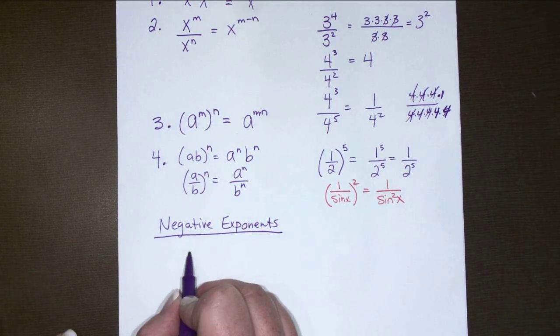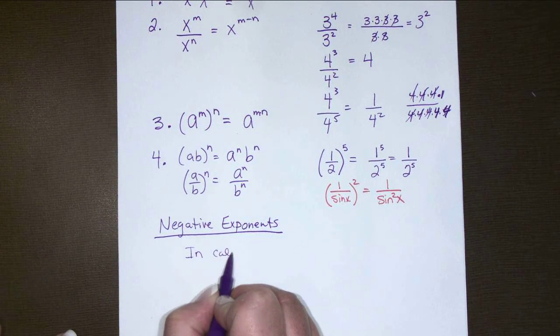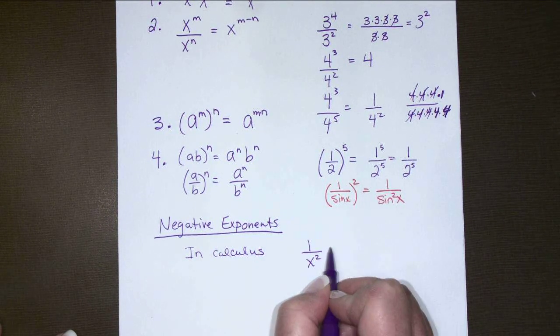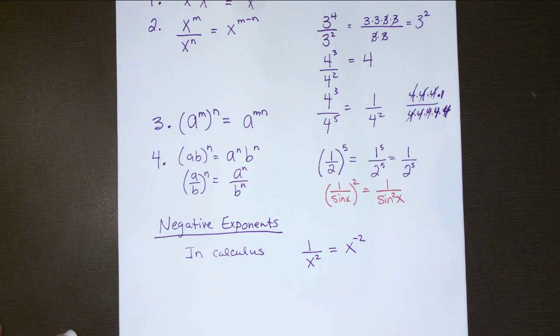So, for example, in calculus, if we had 1 over x squared, we would usually write that as x to the minus 2. We don't care whether the exponent's positive or negative, just that it's not in the bottom of a fraction. But in pre-calculus, we practice moving them around and leaving your answers as positive, merely for practice so that you know what to do, moving them from top to bottom.